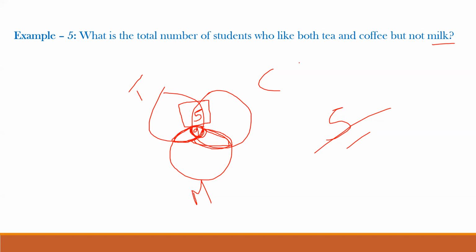Okay, so no doubts, no confusions. You're fine with direction sense, type 1, type 2, and type 3 Venn diagrams. All of you? Yes, ma'am.